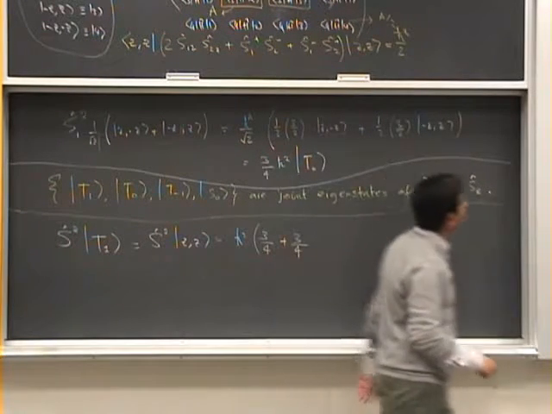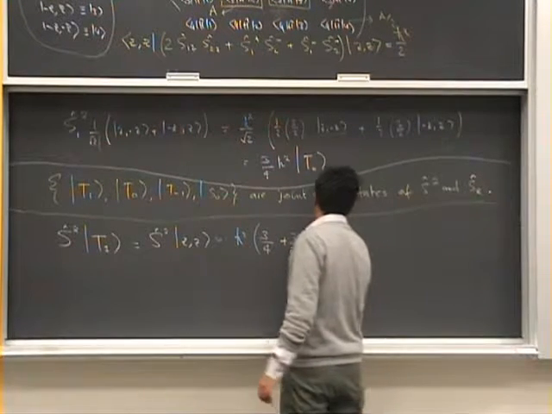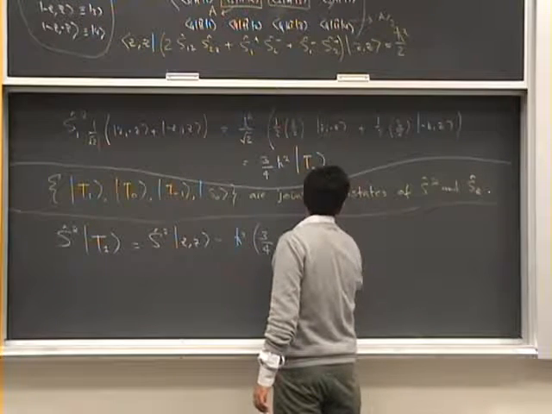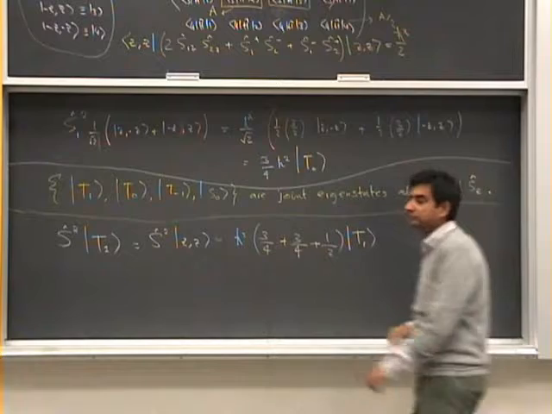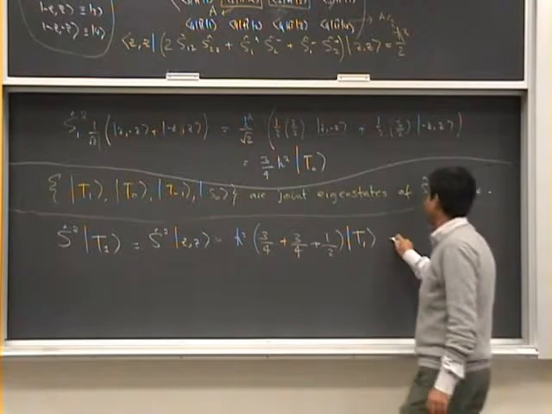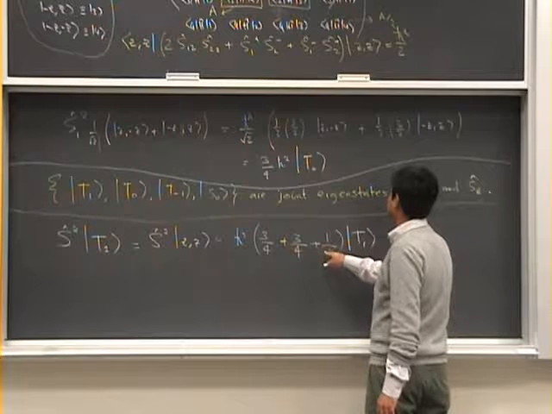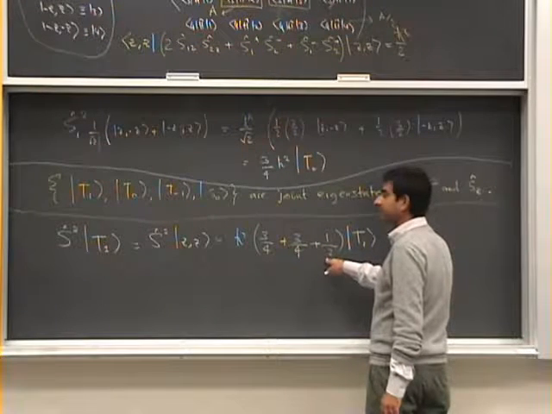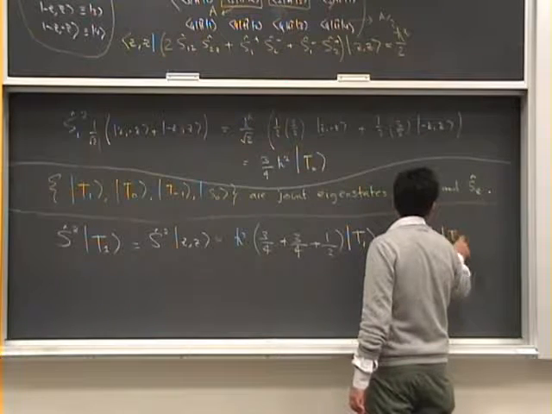And when S1 dot S2 acts on T1, I get h bar squared over 2 times T1. Okay. Now what is this? This is 6 by 4 plus 8 by 4, which is 2 h bar squared T1.